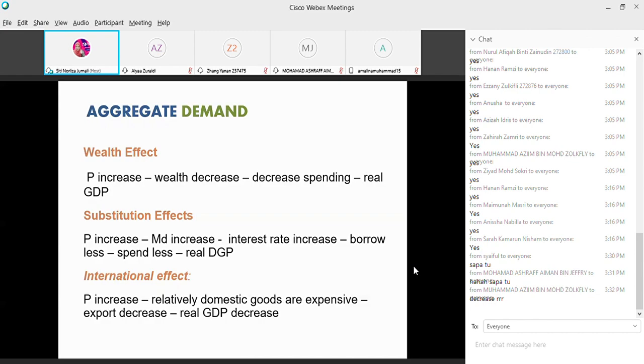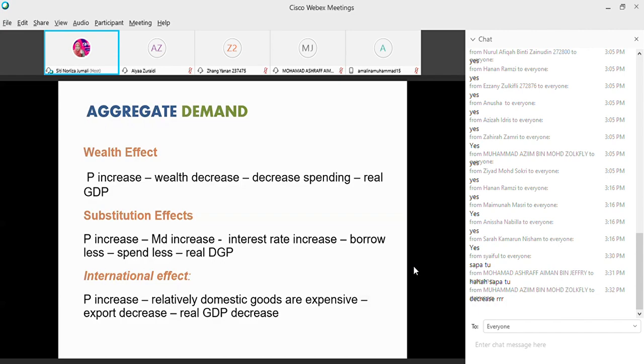Let's say we are referring to Malaysian-made products. When the price level increases, people from Singapore and China will reduce buying Malaysian products.